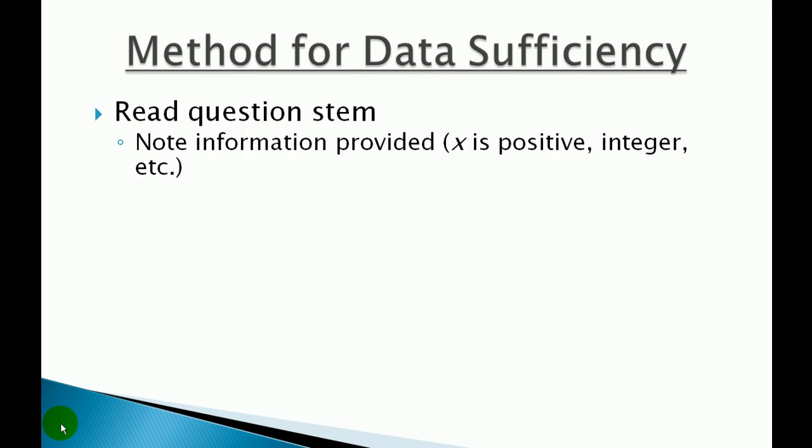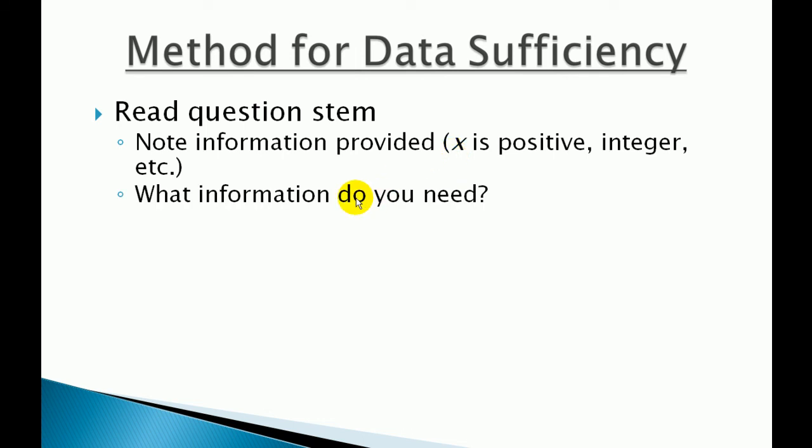Continuing on, I'd like to go over the method just with text. You're going to begin by reading the question stem in the data sufficiency problem. You're going to note any information that's provided to you. It may tell you that X is a positive number or X is an integer. These can be critical when you're answering the question.